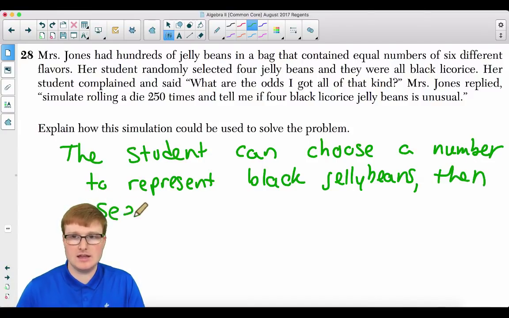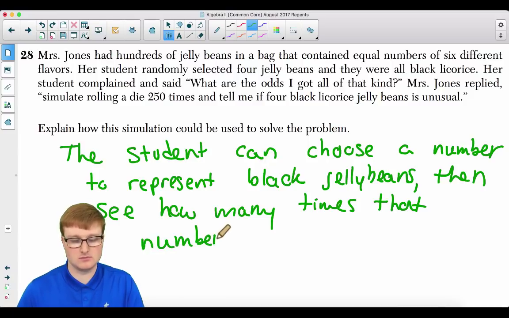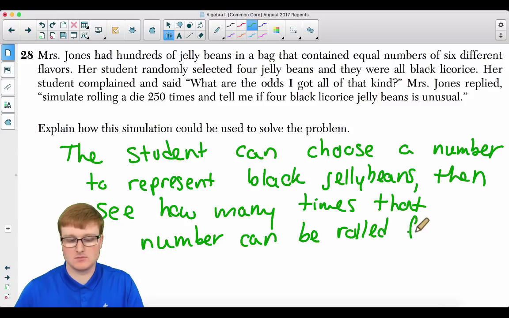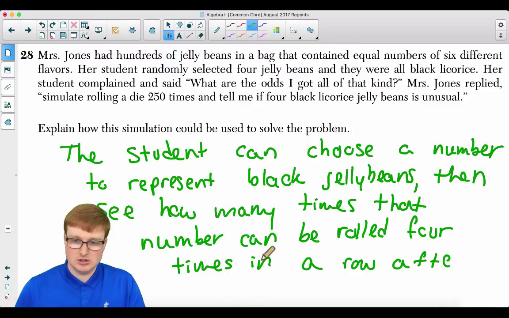Then they could see how many times that number can be rolled 4 times in a row after 250 simulations. So here's what I'm getting at.